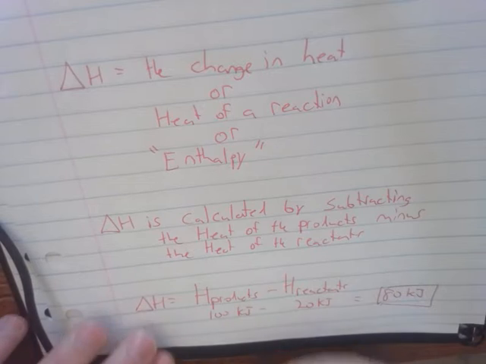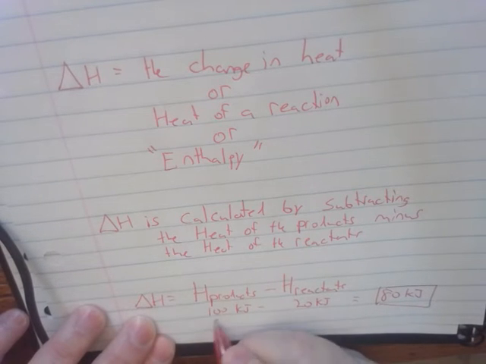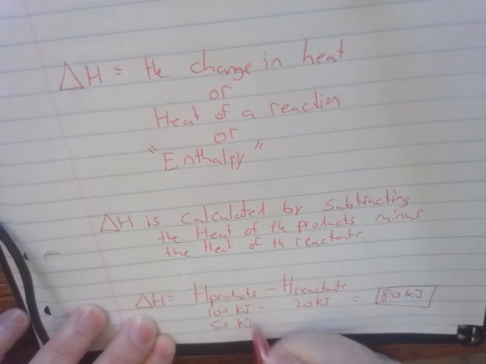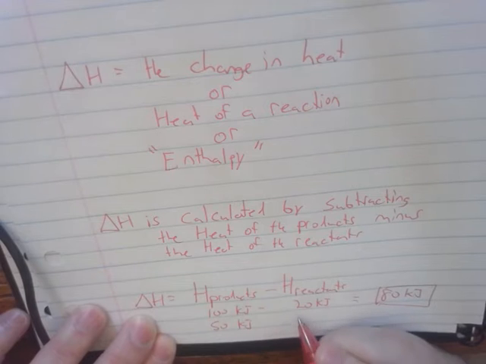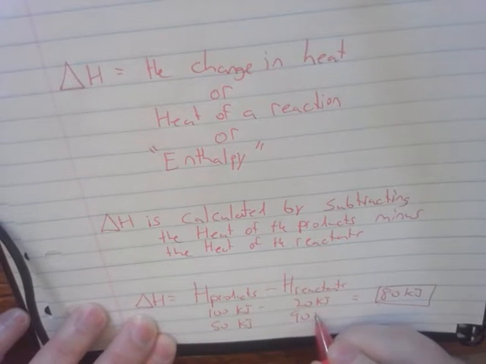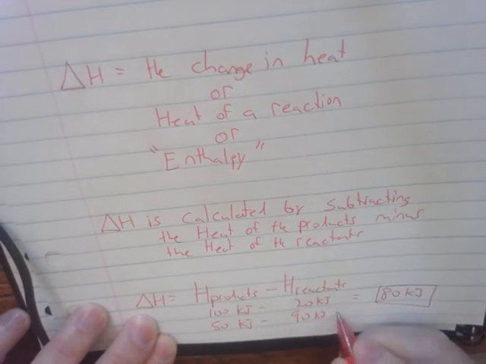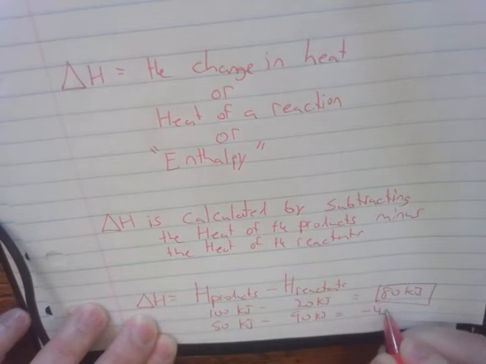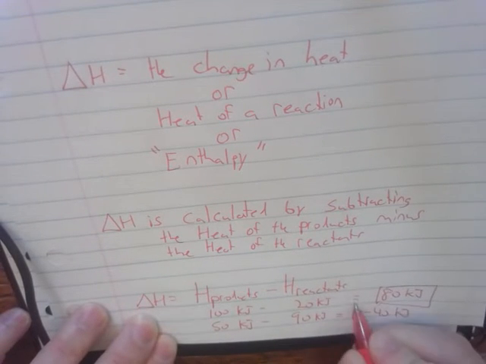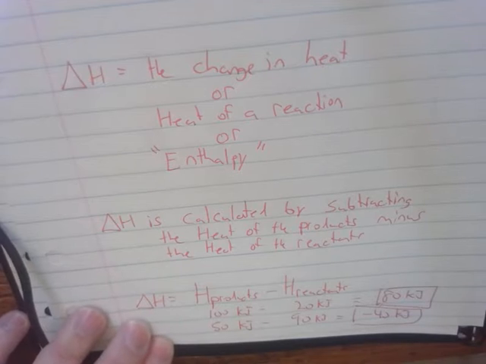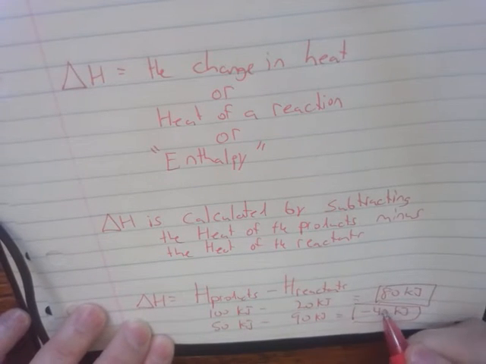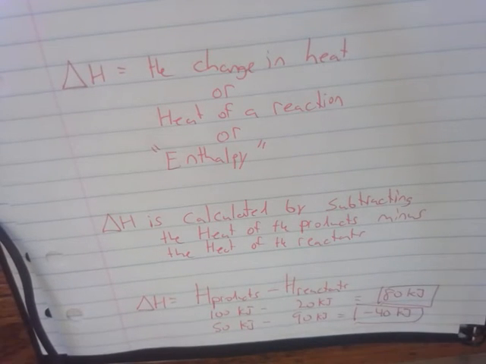Let's say the heat of the products was 50 kilojoules and the heat of the reactants was 90 kilojoules. So if you do 50 minus 90, you get negative 40 kilojoules. So you can see the delta H could either be a positive number or a negative number. But we'll get to that a little bit later and why that is so important.